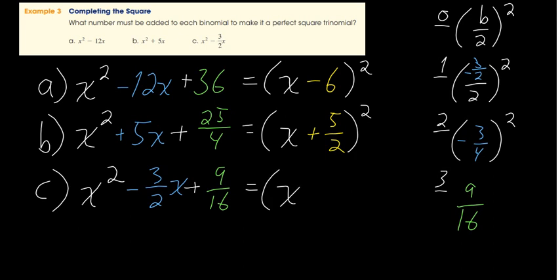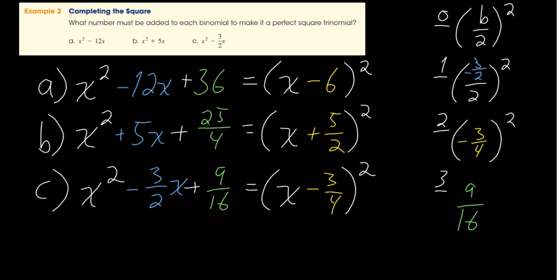Let's make that yellow real quick to be consistent. What's negative 3/4? Okay, so minus 3/4 quantity squared. Okay, so what was the point of learning how to complete the square?